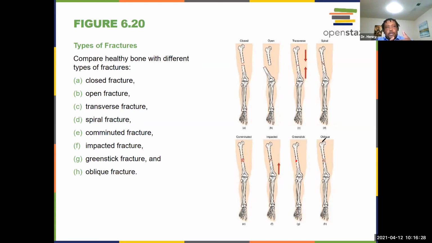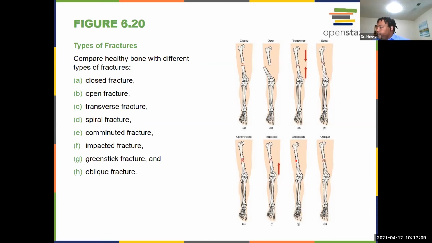The only thing is that it's broken, but it didn't protrude through the skin at all, and it's at an angle that isn't 90 degrees. I'm sorry, oblique, not oblong, oblique. Okay, so those are the different types of fractures.